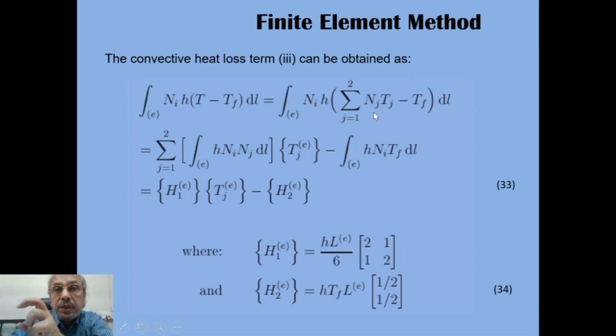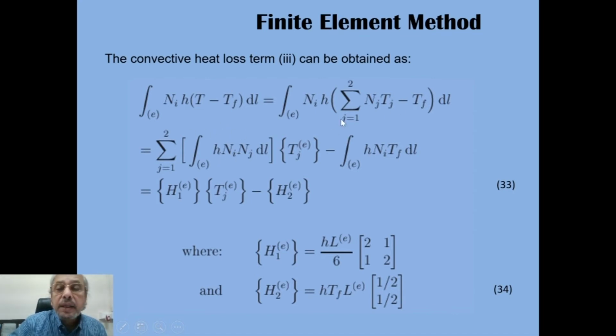Here also the triangular elements falling on the boundary are line segments having 2 points. So obviously there are 2 shape functions and the associated column vector for the temperature. So it is the summation over j equal to 1 to 2 of Nj Tj minus Tf. Now we perform this integral in this manner, with j equal to 1 to 2, and this is integrated.